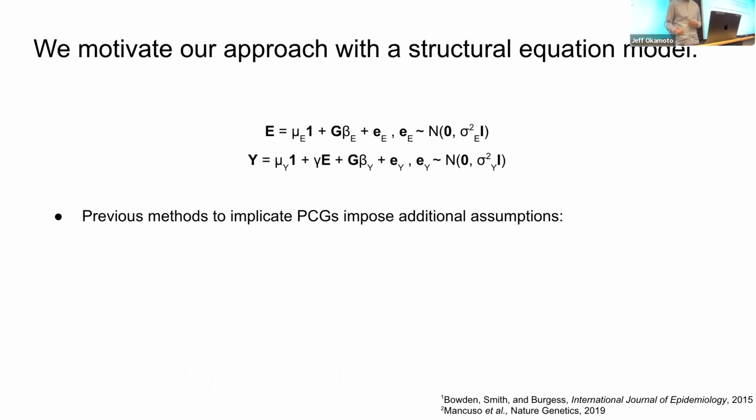Okay, so we're not the first group to try to tackle this problem of implicating PCGs. Others have done this in the past, but their methods often involve additional assumptions.